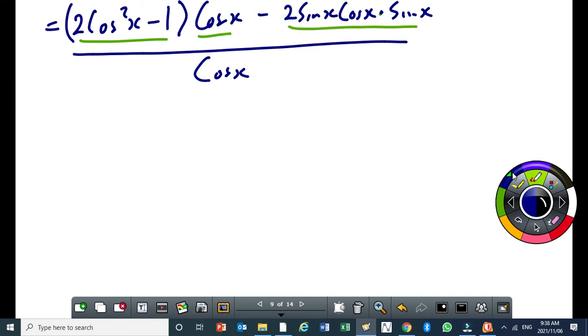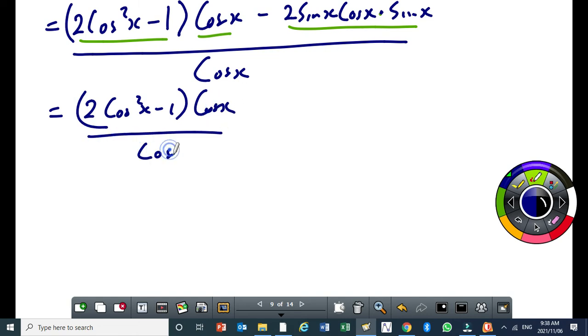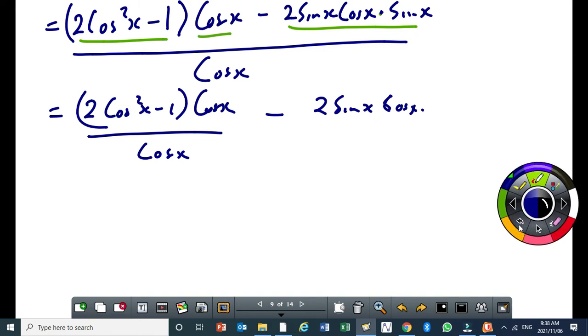So I can write that as 2 cos squared x minus 1 times cos x all over cos x, minus 2 sine x times cos x. Well, allow me to multiply sine x times sine x, that will give me sine squared x, all over cos x. And I'm sure you can start smiling there, right? This cancels with that. This one cancels with that.